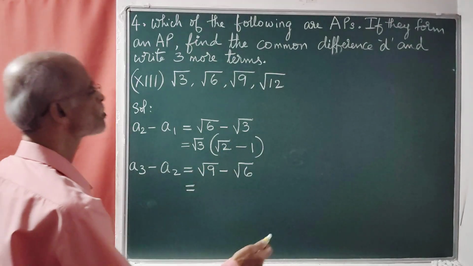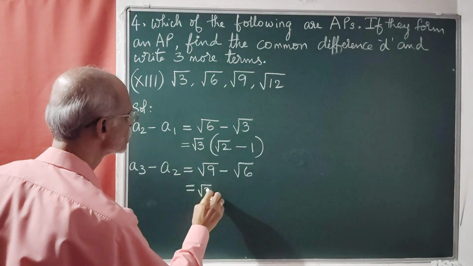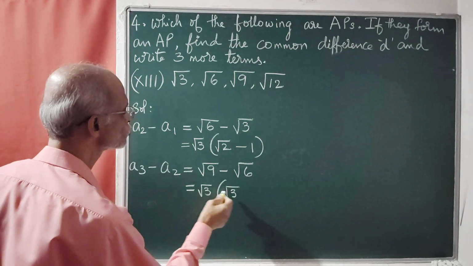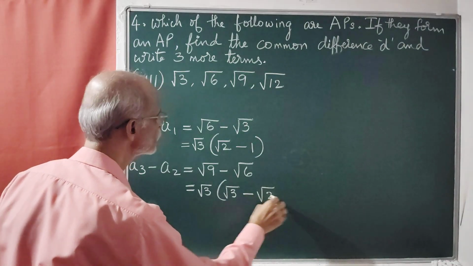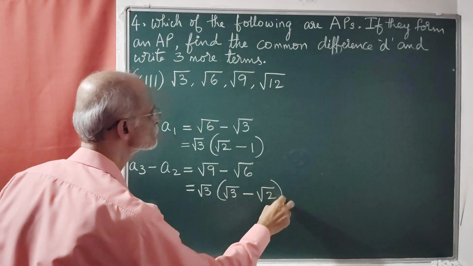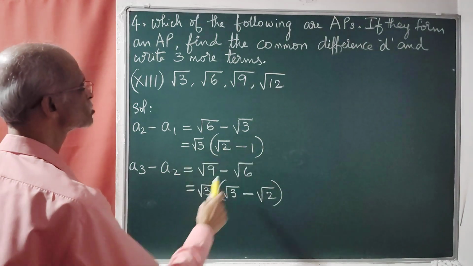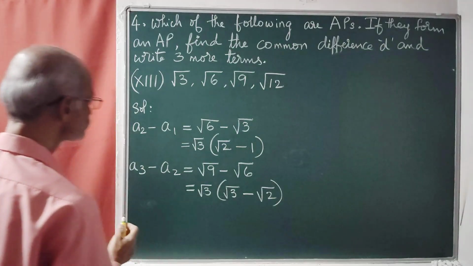Among these two, the common factor is root 3. So I'll take root 3 outside. Root 3 into root 3 is root 9, minus root 3 into root 2 is root 6. So here we find that the difference is not common. It is different.